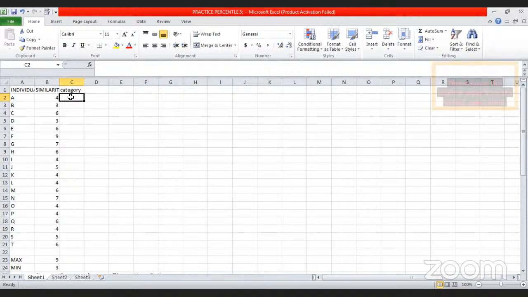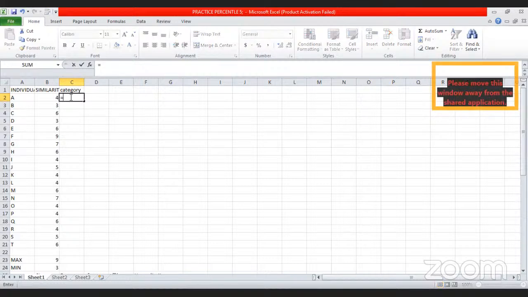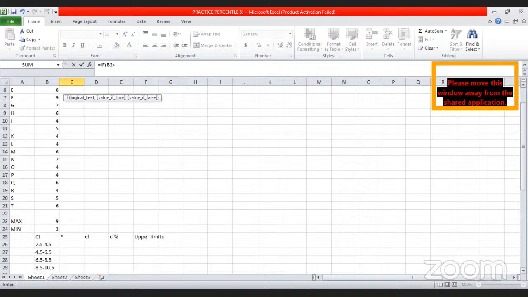For making this categorization, I will do the IF logical test. That is equal to IF the cell B2 less than, what is the upper limit of the first class interval? That is 4.5.